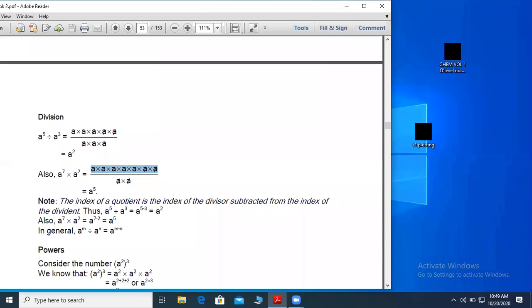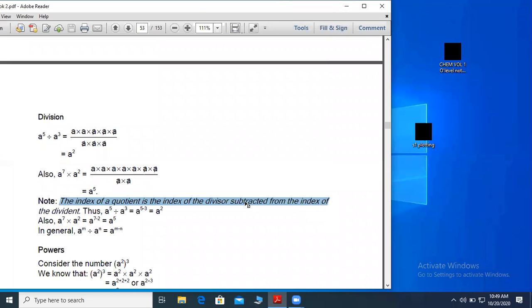So let us now note that the index of a quotient means division. Yes, the index of a quotient is the index of the divisor subtracted by the index of the dividend.